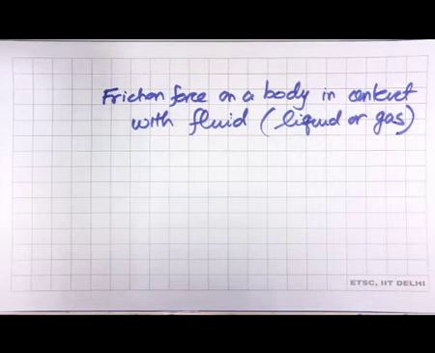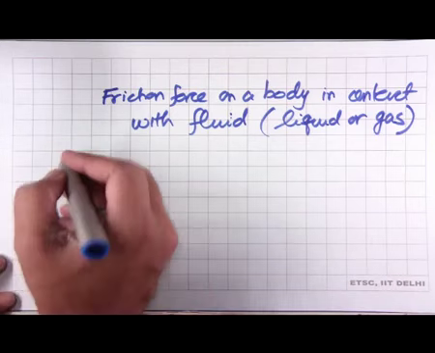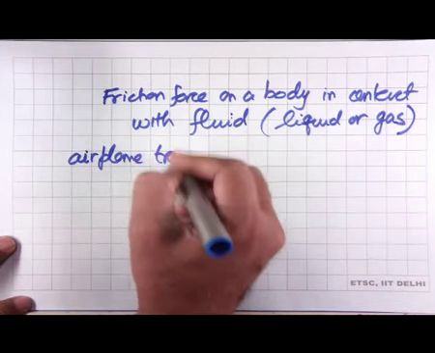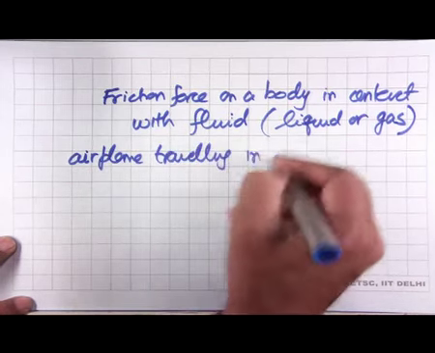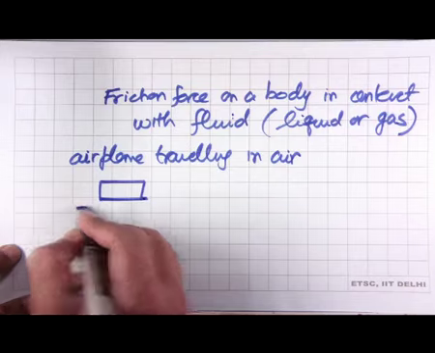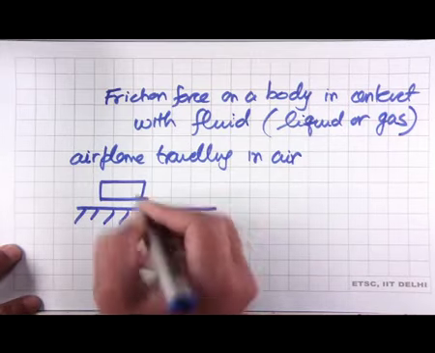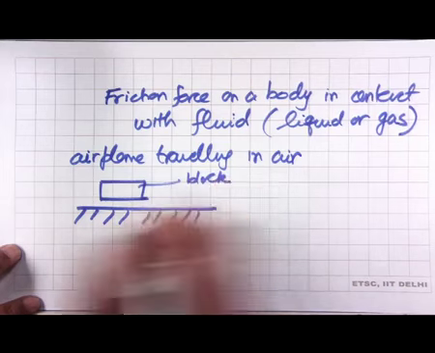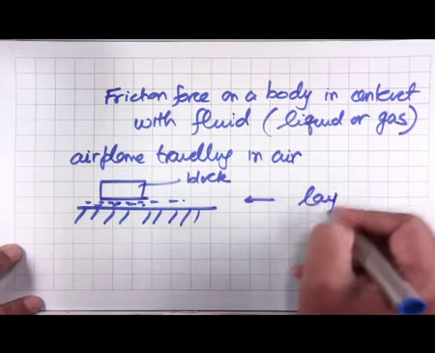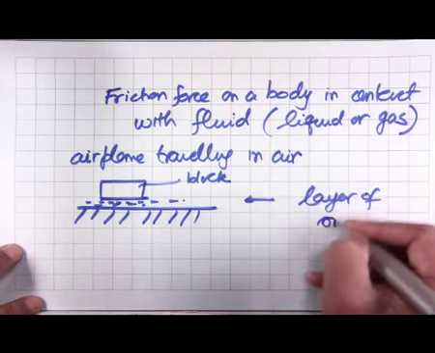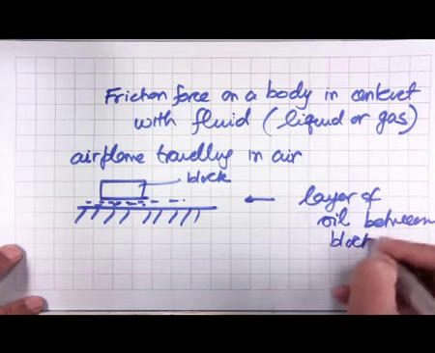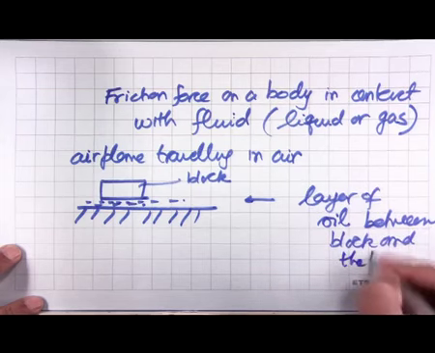An example of this would be an aeroplane traveling in air, or we could have a block moving on a table, but with a layer of, let us say, oil between the block and the table.